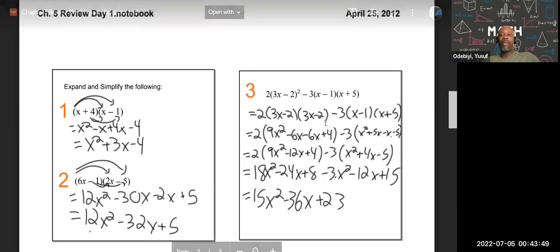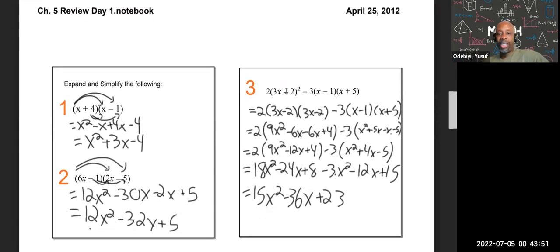Now this one over here, number 3, is a little bit more complicated, because I have a perfect square here and then I have the FOIL method to apply over here. For the first line, I would deal with the perfect square. 3x times 3x gives you 9x squared, and then the middle terms.